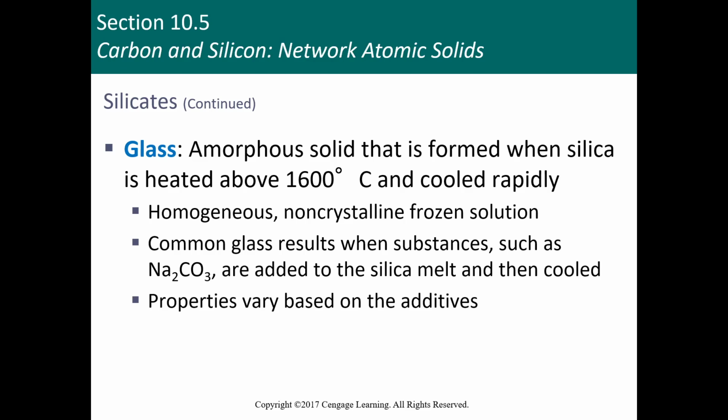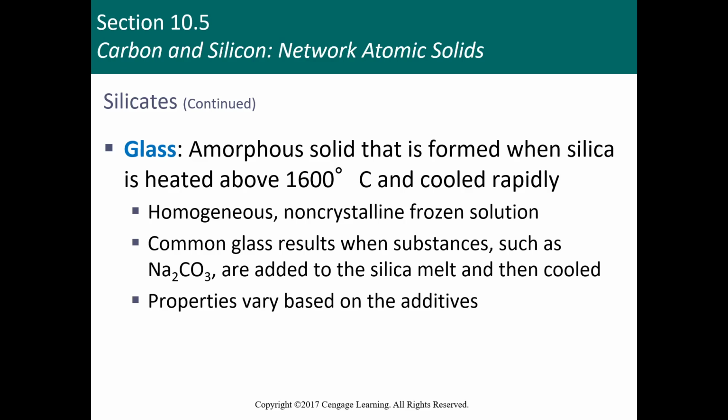It also has a very nasty cutting surface, which is why you get really bad cuts from glass. Whenever it breaks, you can get very thin cutting surfaces only 1 or 2 atoms wide. Homogeneous, non-crystalline, it is frozen as an almost solution-looking, disordered solid, if you will.